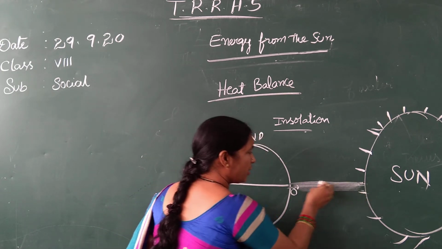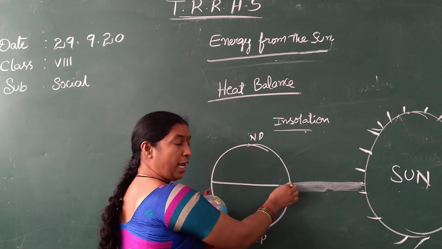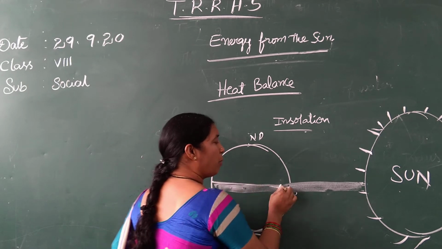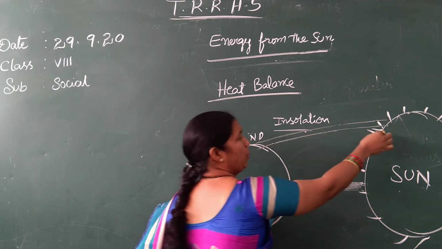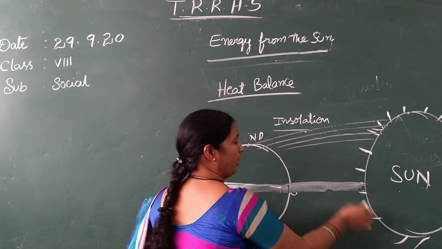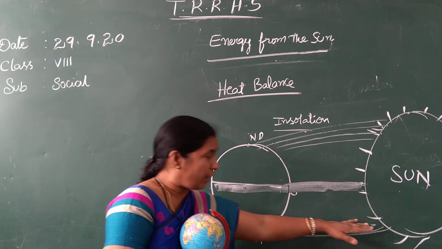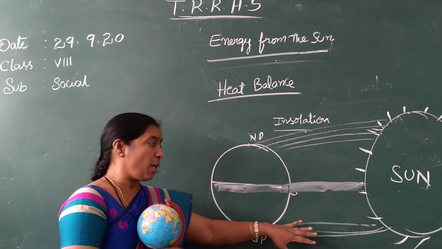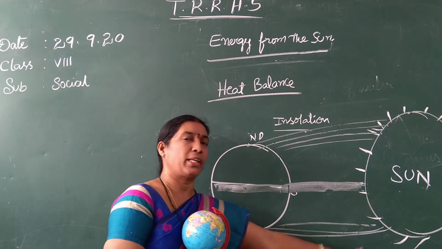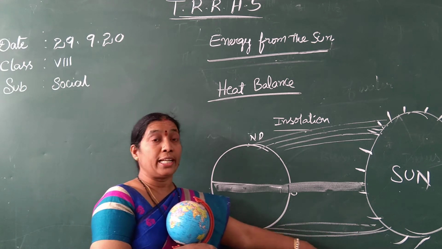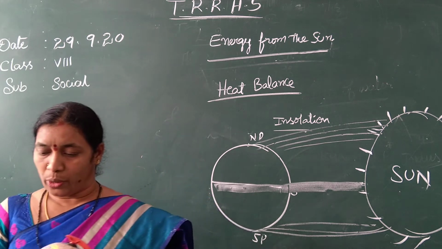Wherever the sun rays come straight onto the earth, in this area it will be more hot, isn't it? And from here, the sun rays go obliquely, that means slantingly. So when they reach the earth here, many places take them: the clouds, the atmosphere, radiating back again to the sun. So that heat balance is done by the earth.